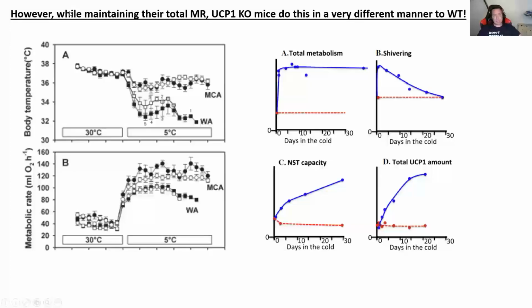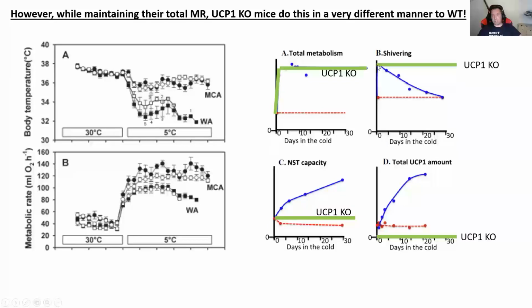This gives us a clue as to how they're actually able to survive in the cold, because we showed this earlier, that UCP1 mRNA doesn't make heat, and this is showing what happens in a wild type mouse. If we consider a UCP1 knockout mouse, when we put it in the cold, what happens? Total metabolism has to go up or the mouse dies.